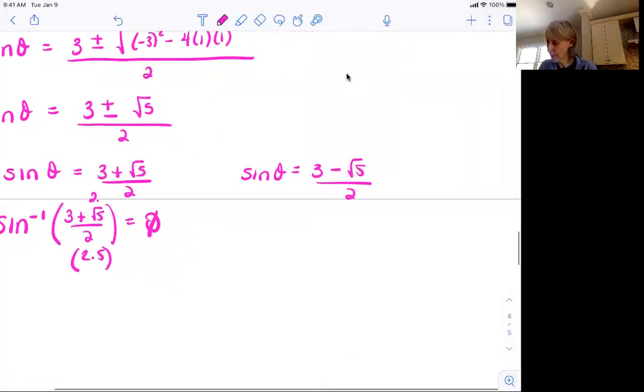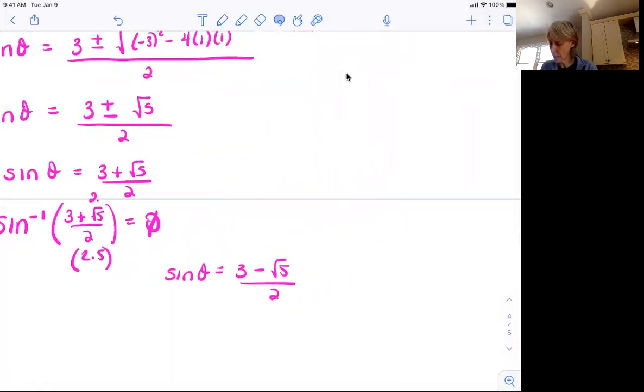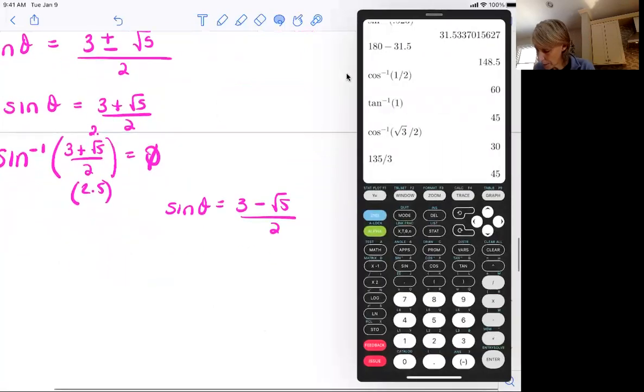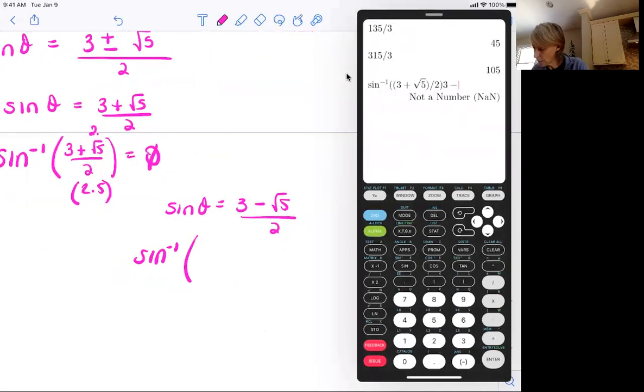And let's look at our other one. I'm just going to bring it so we can see it with the calculator. So we want the angle whose sine is, let's do this first this time, 3 minus radical 5, and I'm going to divide that number by 2.